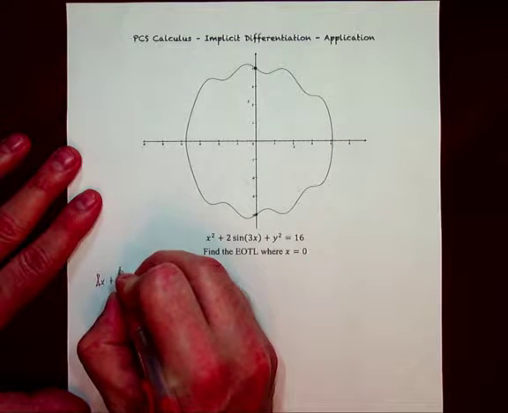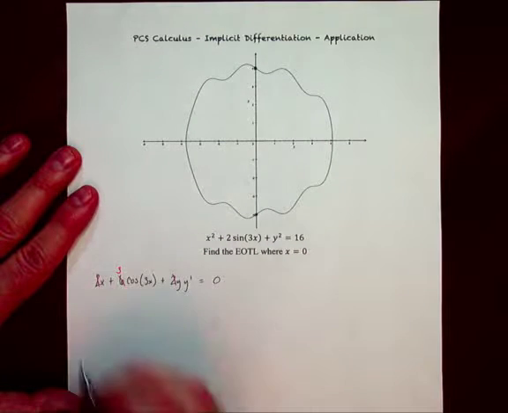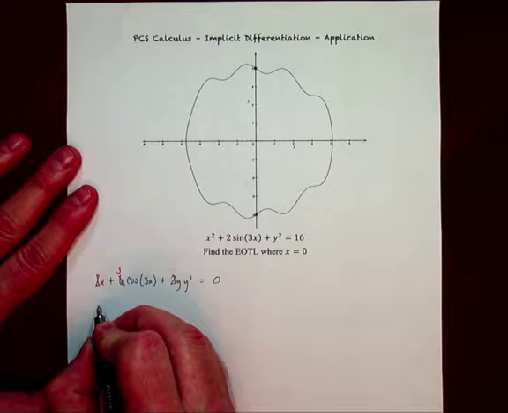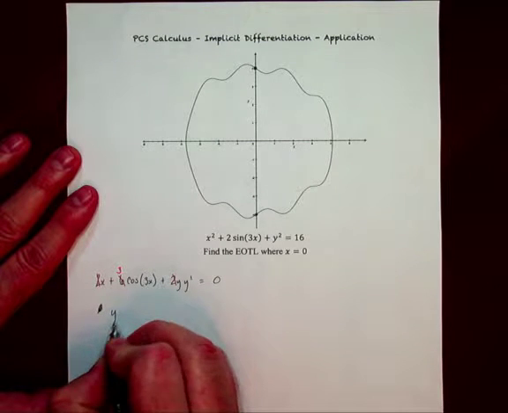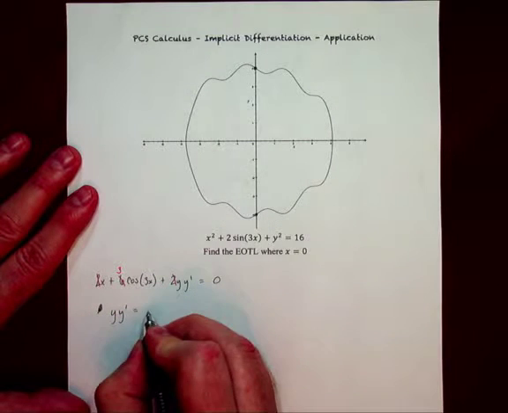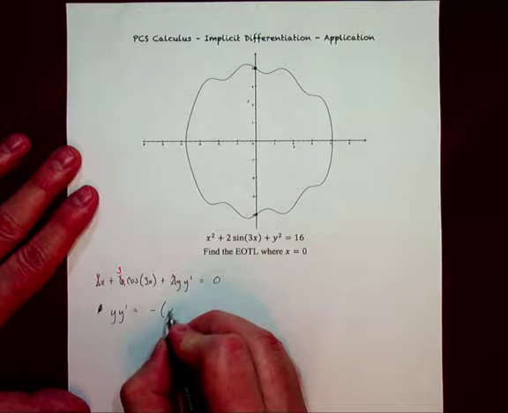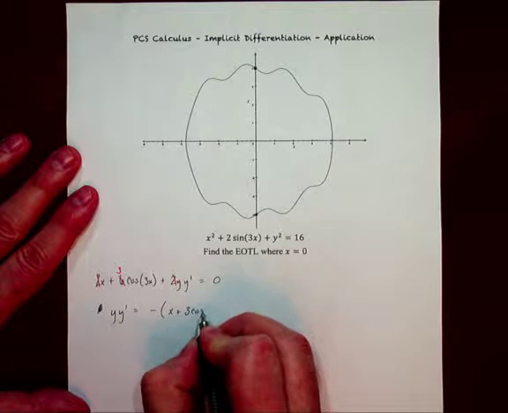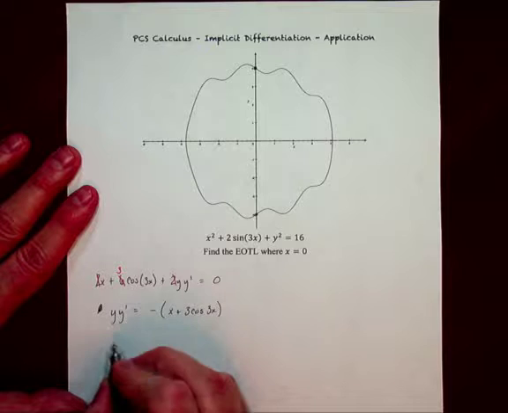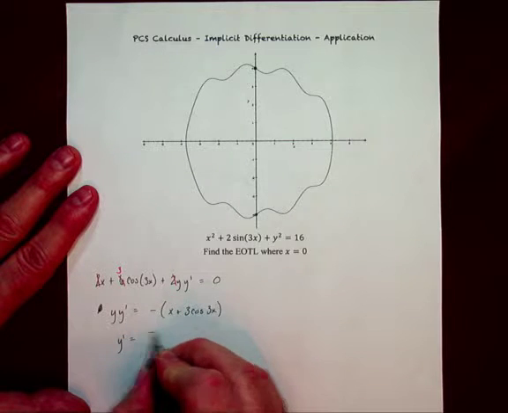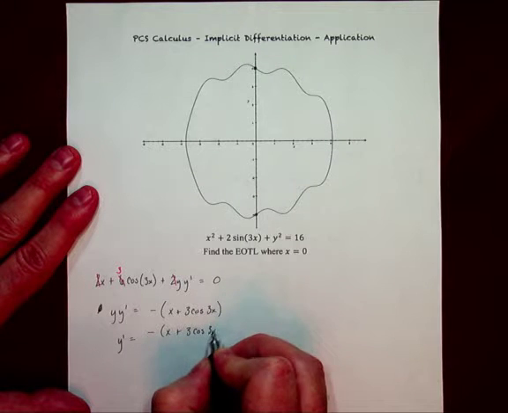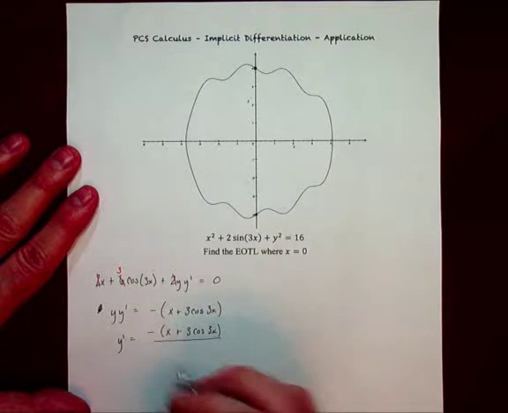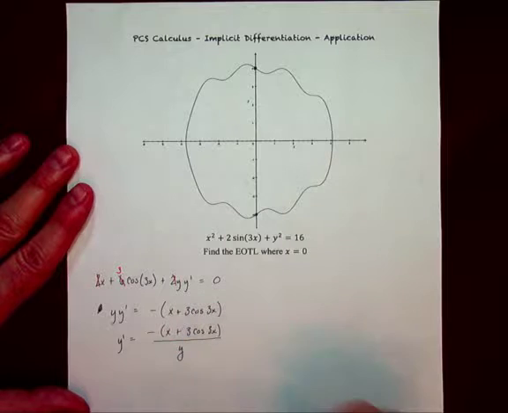The 2 from the 6 goes bye-bye and leaves me with a 3. And I'm going to shove these over to the other side because this is the only one with a y prime. So y prime is equal to negative x plus 3 cosine 3x, and therefore y prime is equal to negative x plus 3 cosine 3x all over y.